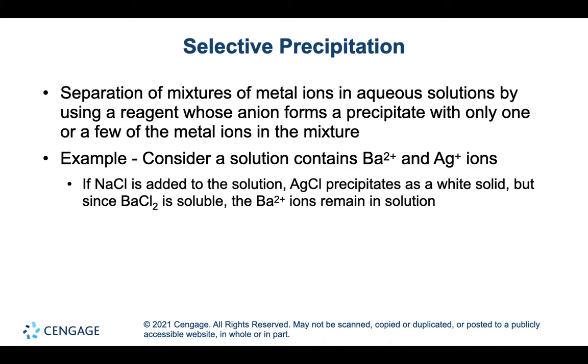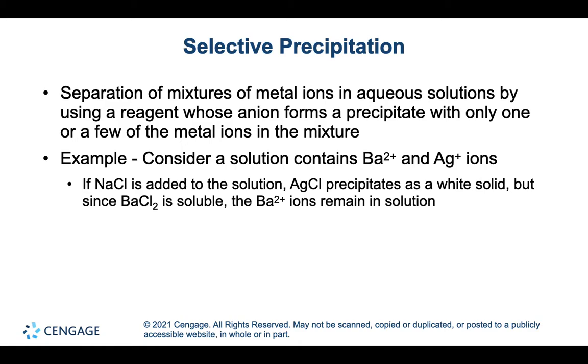So, for example, if you had a solution that had barium plus 2 and silver plus 1, and you added sodium chloride to it, the chloride from the sodium chloride is insoluble with silver. In other words, silver chloride has a very small KSP. But the barium plus 2 ion with chloride is quite soluble. It has a large KSP.